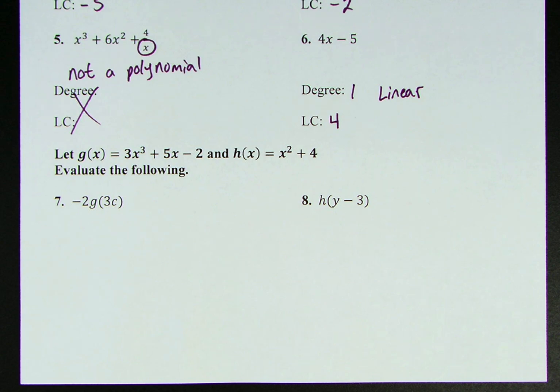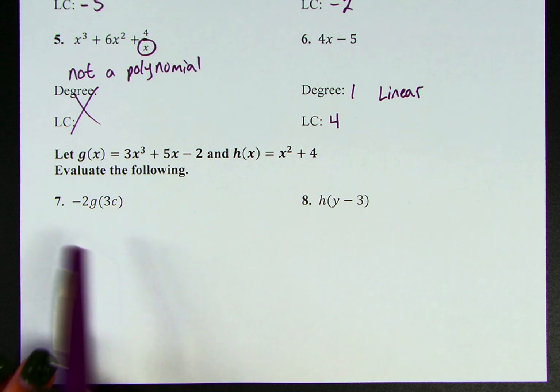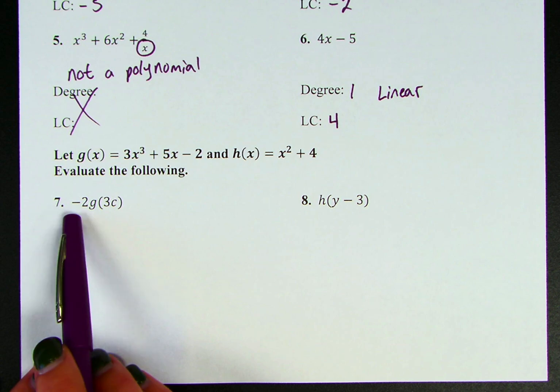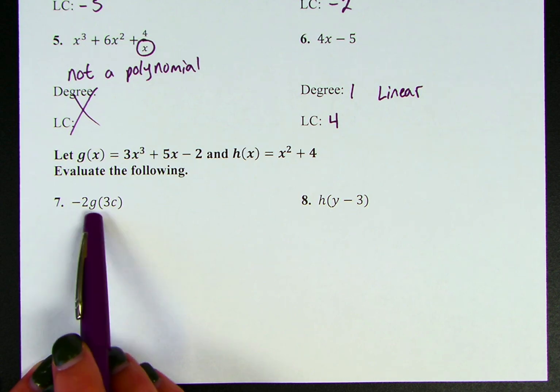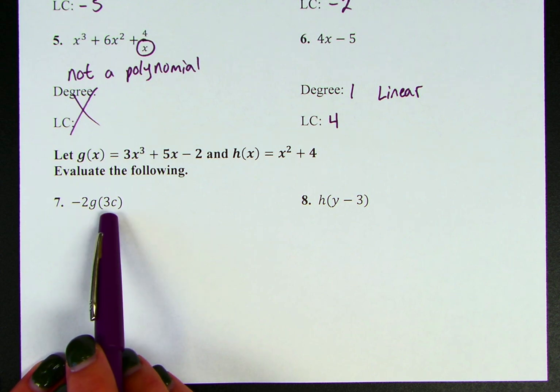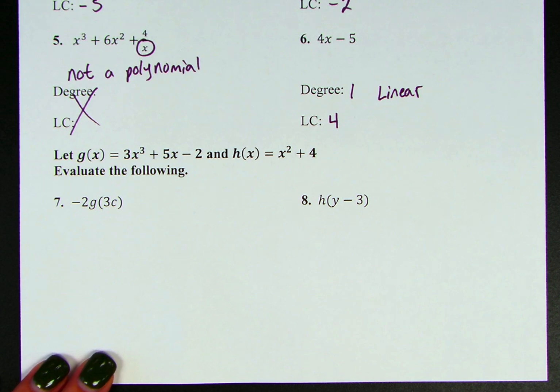But as we advance further in math, that's not always going to be the case. So sometimes we're going to have to start evaluating other expressions into functions, meaning we're going to be dealing with variables. So on 7 and 8, this is an example of that. This is wanting me to take -2 times the g equation, and at the same time, we're supposed to substitute 3c into all of the x's and then simplify.